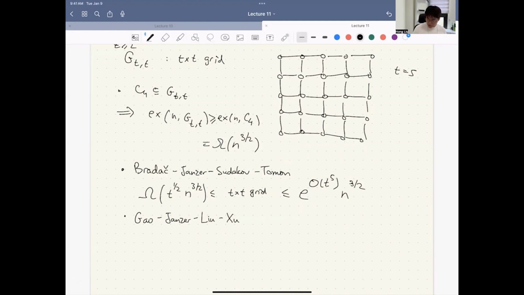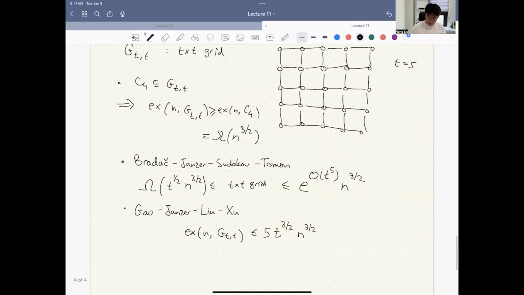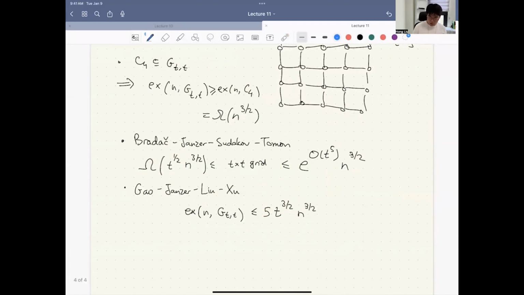We prove that the extremal number of G_T is at most some constant times T to the 3/2 times n to the 3/2. So now we know that this leading constant should be polynomial in T. It will be interesting to determine what the power of T would be. So it will be an interesting remark.